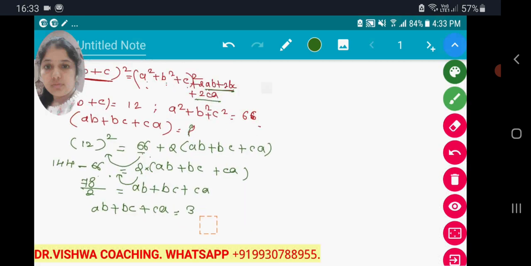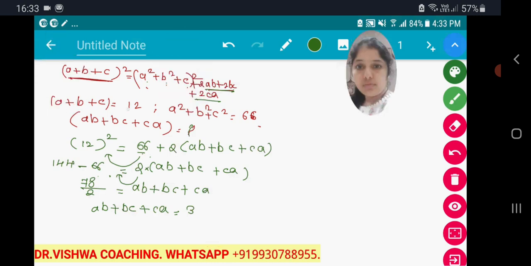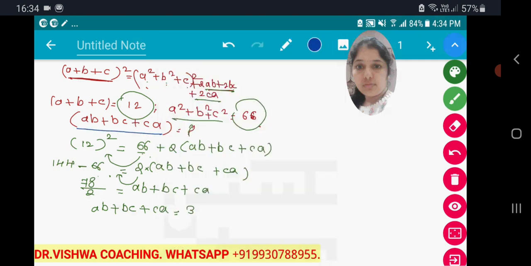Now see, what is given to us was A plus B plus C's value, and A square plus B square plus C square's value. And we have to find the value of AB plus BC plus CA.